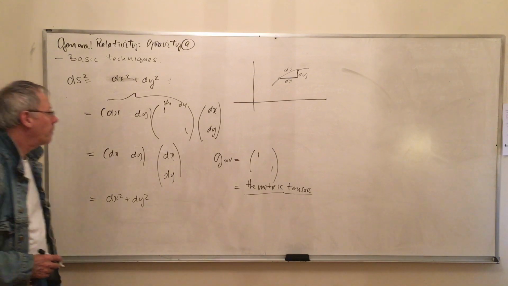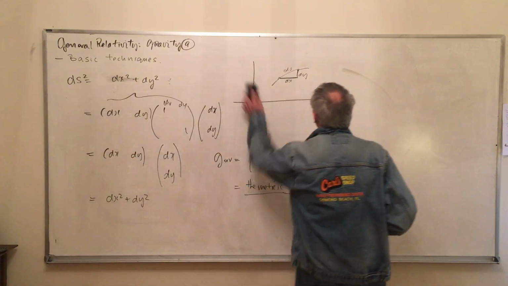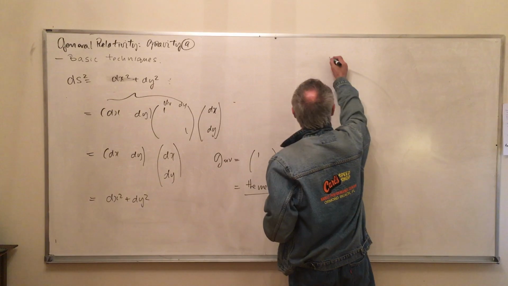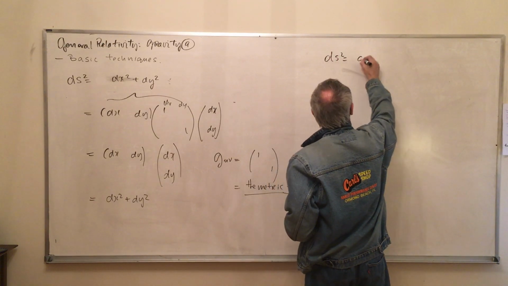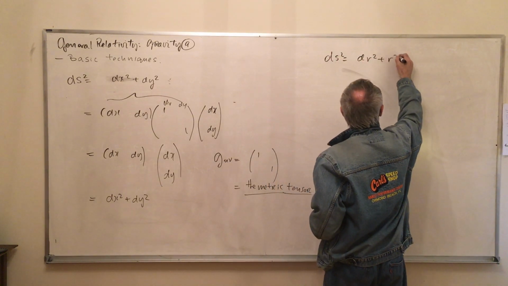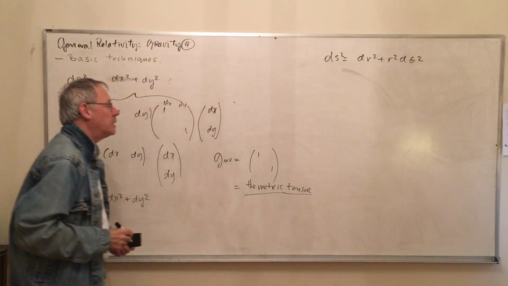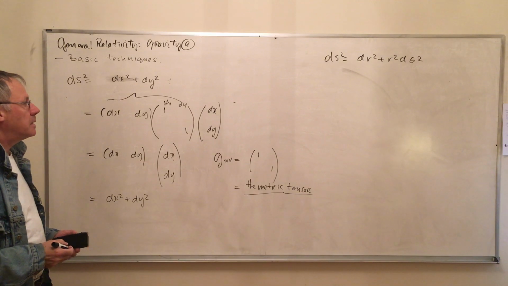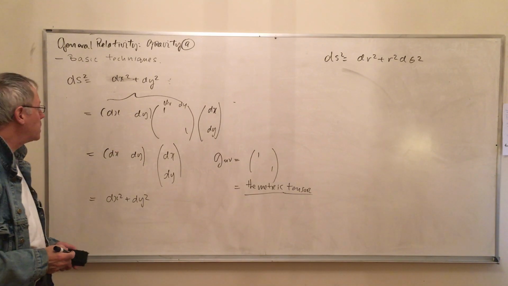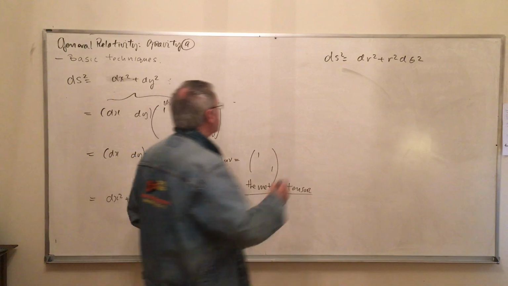Let's go to polars. In polar coordinates, the differential distance element is dr squared plus r squared d theta squared. Cartesians, polars.